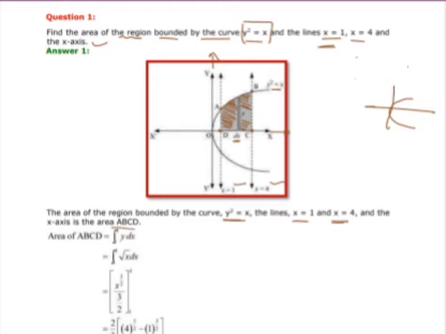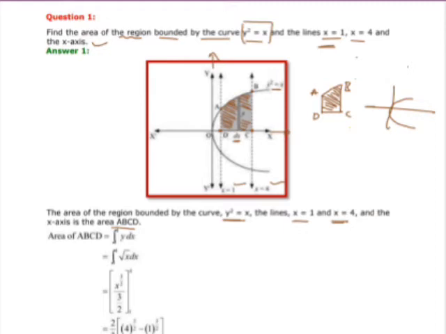Let's see, it is A, it is B, it is C, it is D. The area is like this, right? With the curve, which is nothing but A, B, C, D. This region we have to find by using the strip, right?